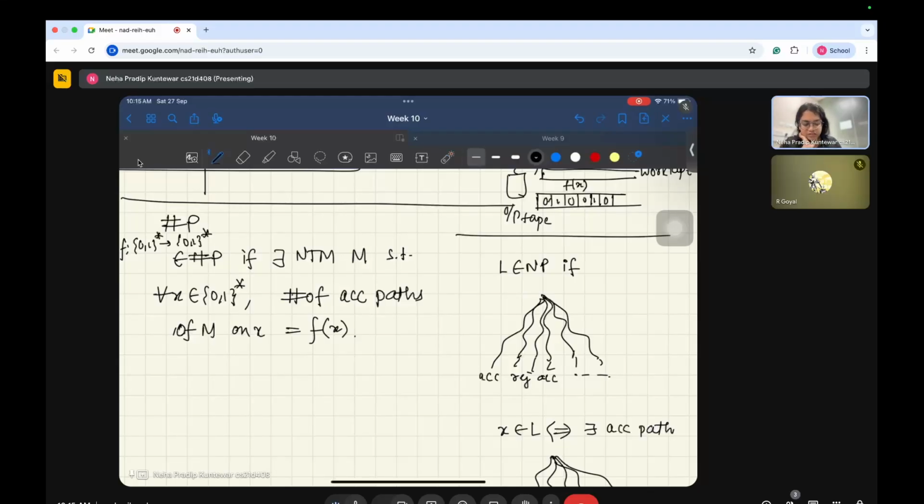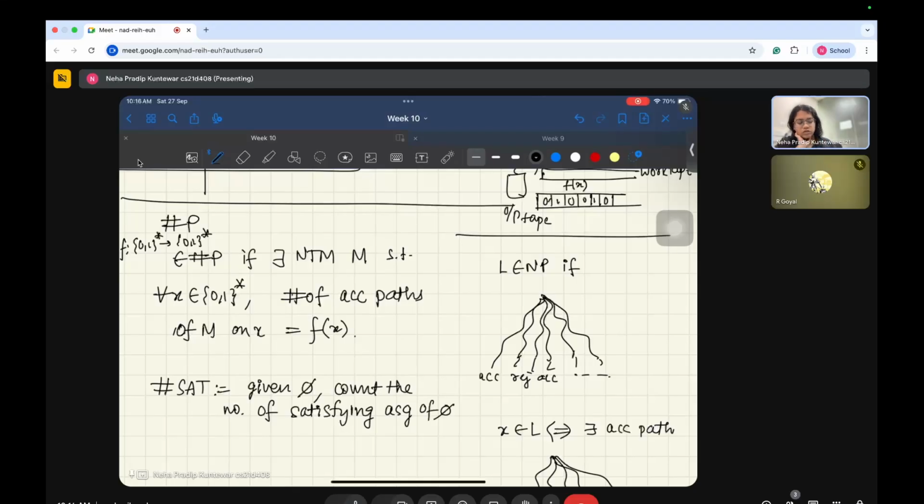So for example, if we are talking about sharp SAT, given a formula phi, count the number of satisfying assignments of phi.